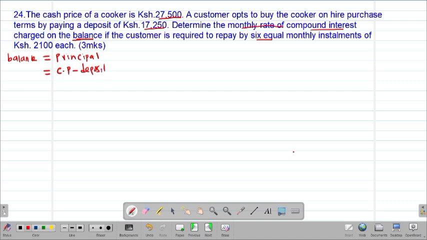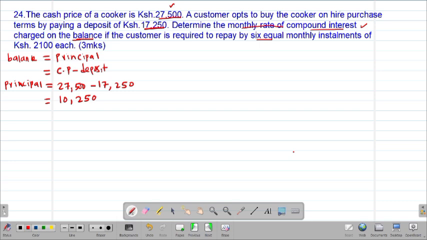Therefore, our principal will be equal to the cash price, 27,500, minus the deposit, 17,250. If you take 27,500 minus 17,250, your calculator will give you 10,250 shillings.